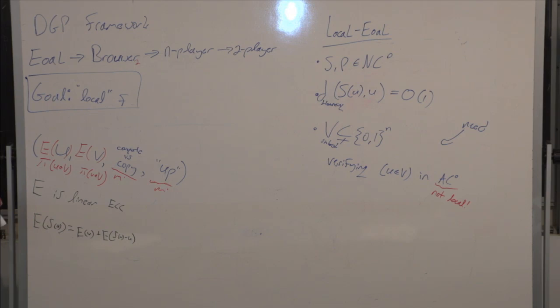So what did you do with the dimensions? I increase the dimension a little bit. A PCP is by itself also an error correcting code. So my encoding will be E of U, where it's important that E is a linear error correcting code for this trick, and I'm going to add a PCP.